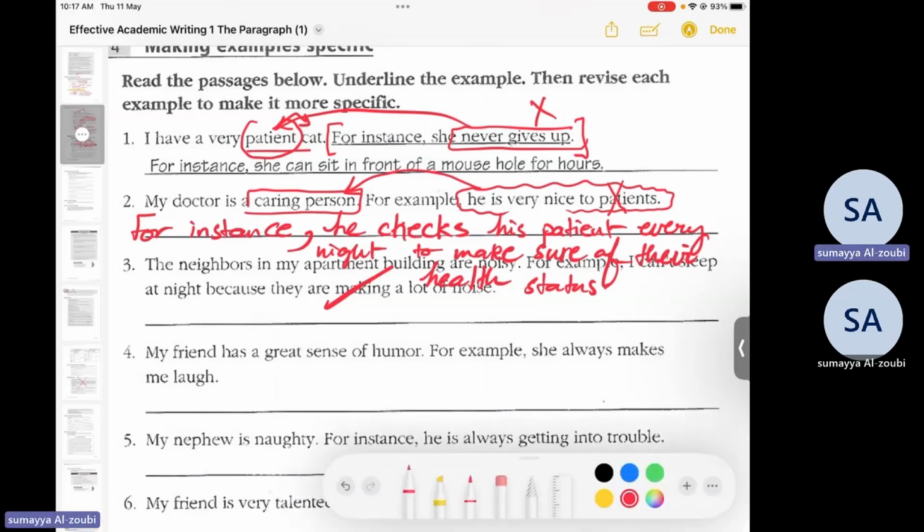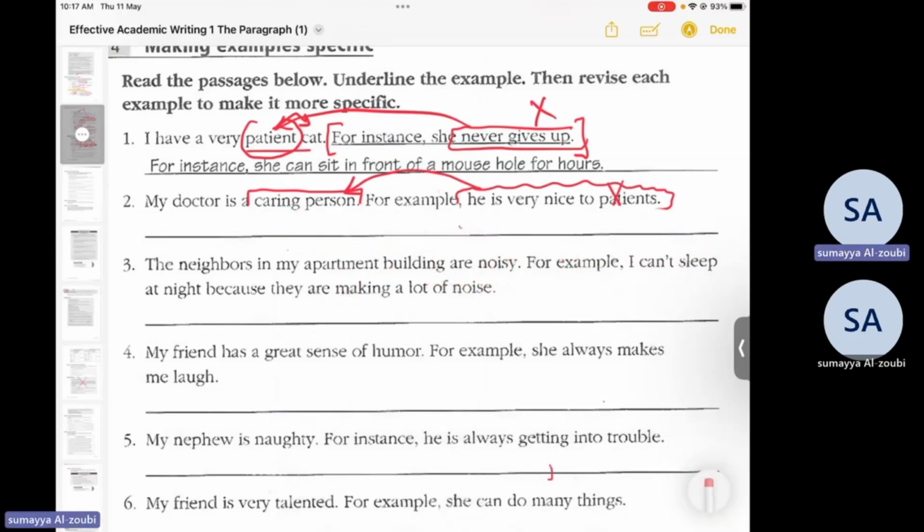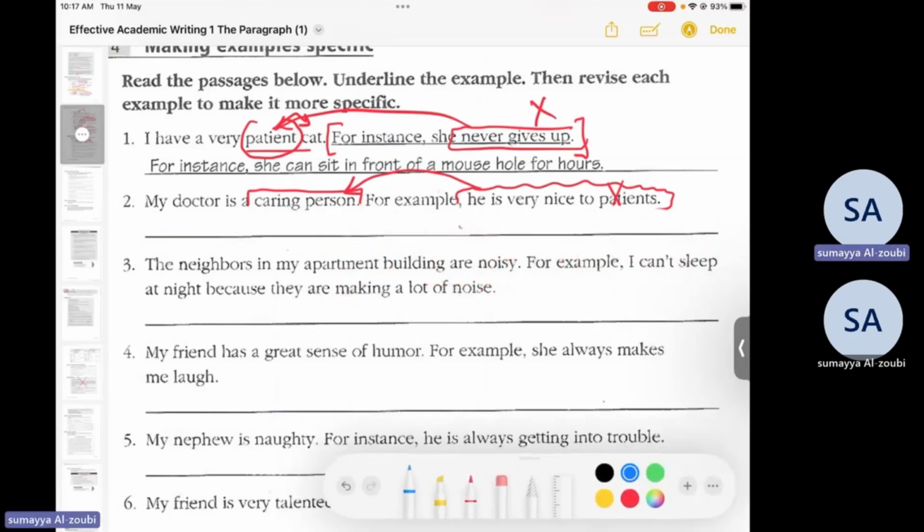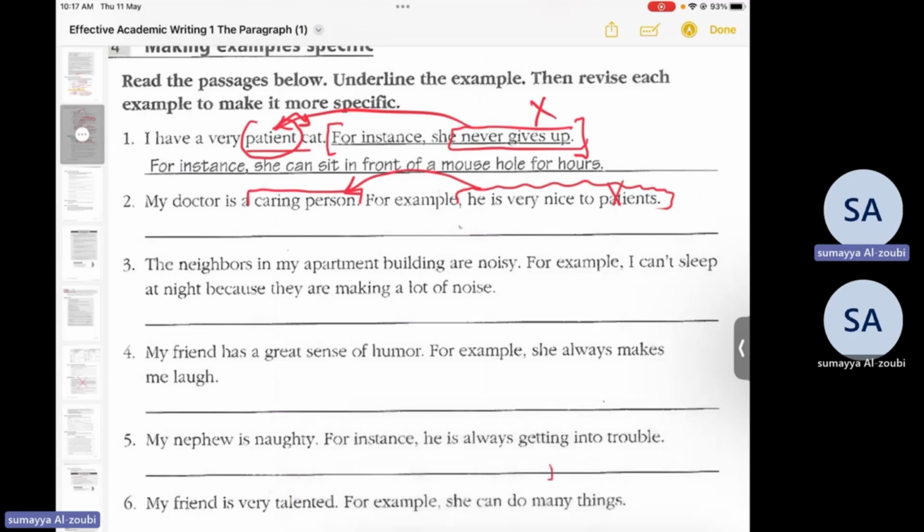I am just using an example for this. Again, let me clean this part. He's always optimistic about his patient's cases. Look here.